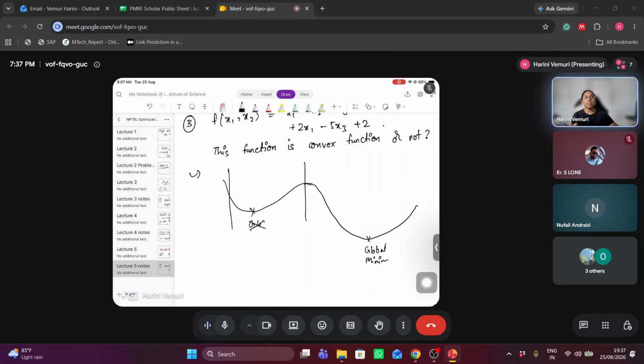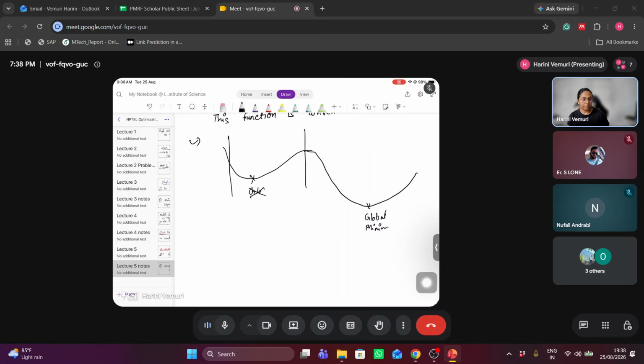So, if they have mentioned that it's a convex function in this range, then yes, because they didn't mention that there can be other minimas that exist, which can be the global minima.